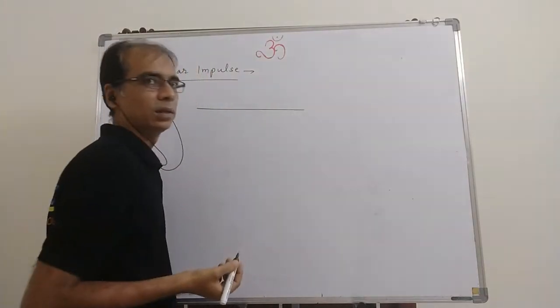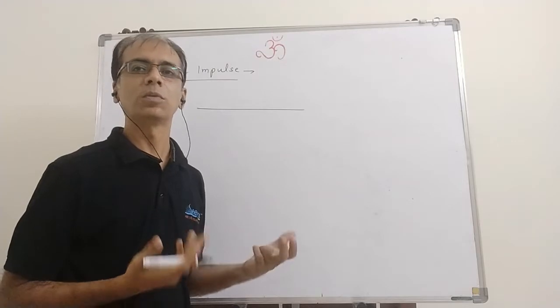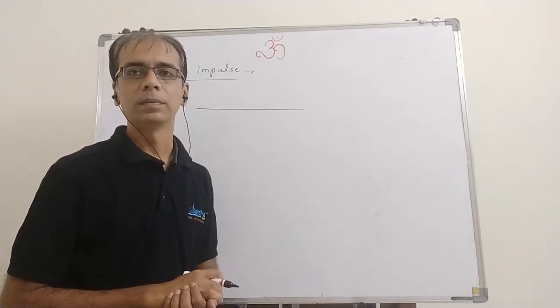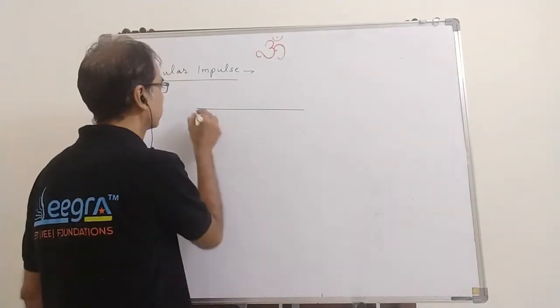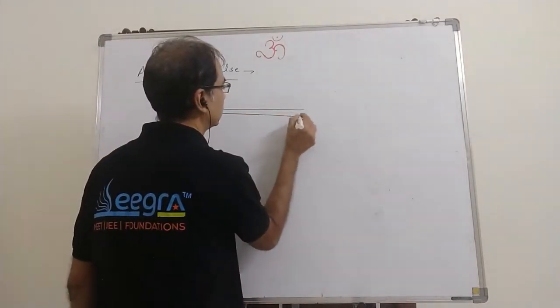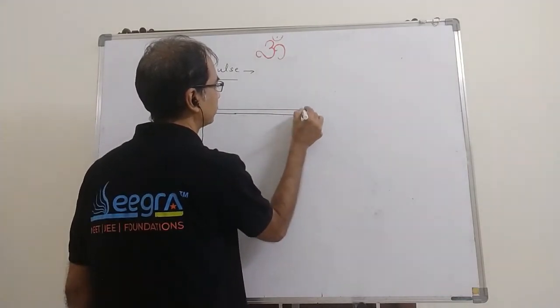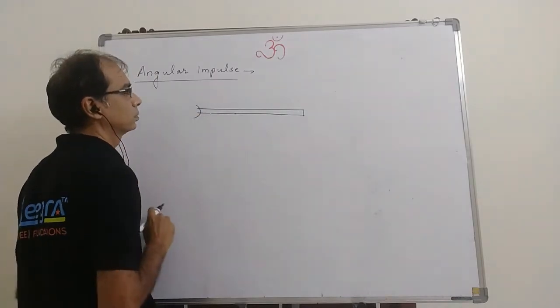You can take anything other than a rod also. Rod basically means the moment of inertia is easily calculated, but you can take anything that you want. So here this is the rod, and here it's hinged.